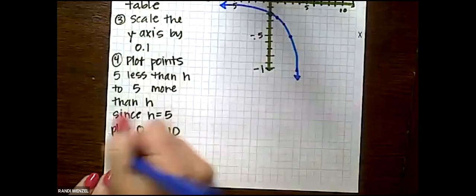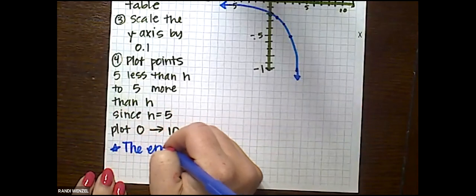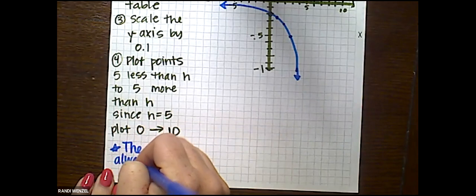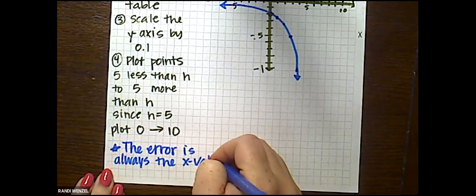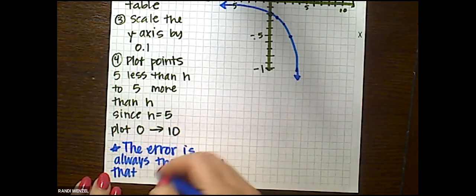So just a little side note that might help you remember, but the error is always the x value that makes the denominator 0.